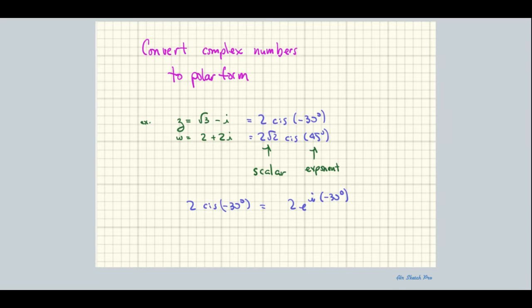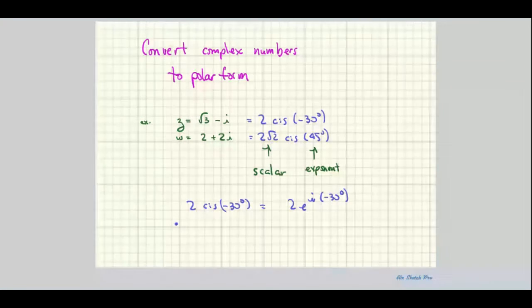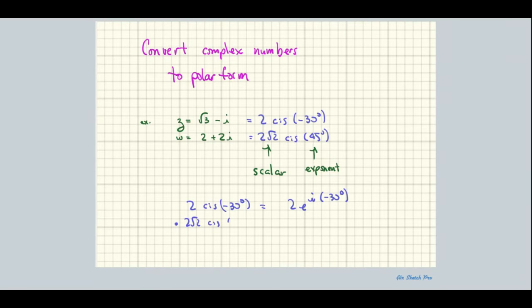Okay? And I'm going to multiply this by 2 root 2 cis 45 degrees. Now, what do we do with exponents when we're multiplying?